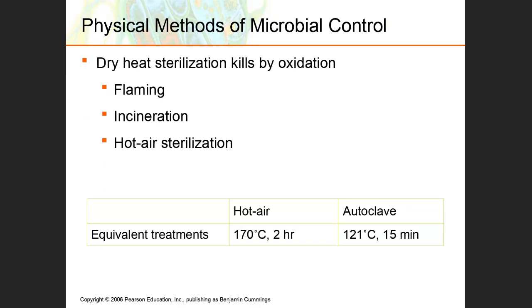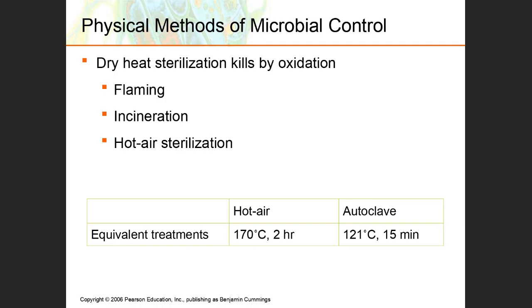Dry heat kills by oxidation, so basically by burning, so flaming, right? Like we do with our loops, which completely incinerates, it burns to ashes, all those bacteria.